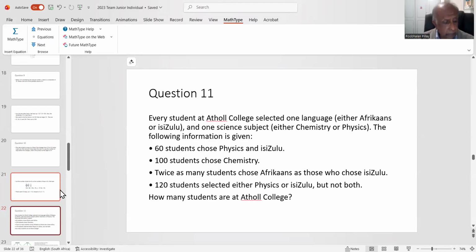Question 11 says, every student at a certain college selected one language, either Afrikaans or isiZulu, and one science subject. So they couldn't do Afrikaans and Zulu, and they couldn't do chemistry and physics. They have to choose one from the 2 languages and one from the 2 sciences.